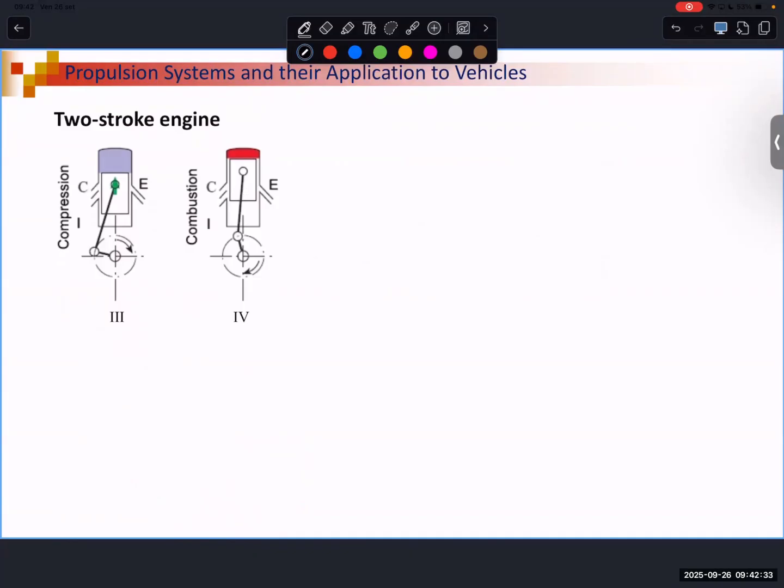So similar to what was described for the four-stroke engine. So what does it mean? This means that both ports are closed.